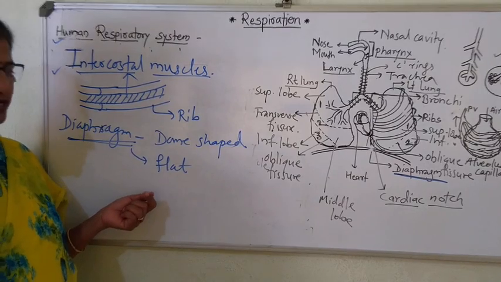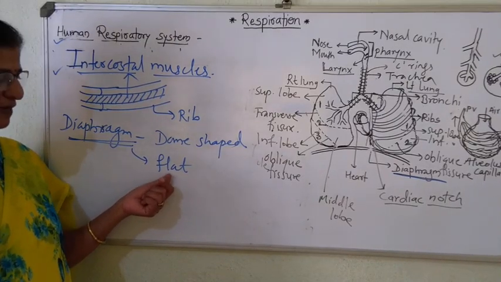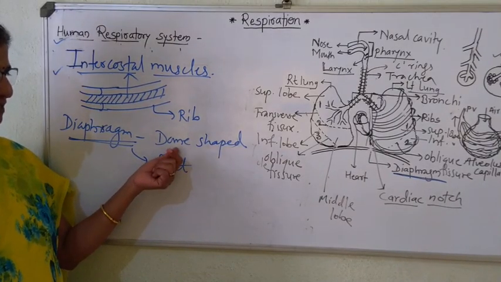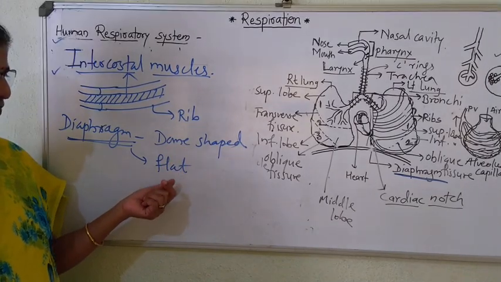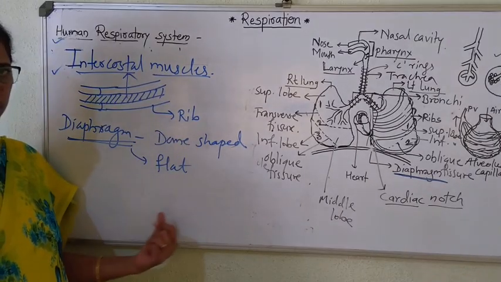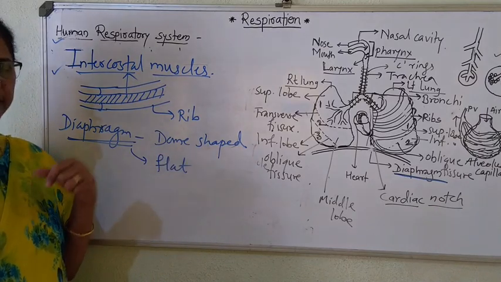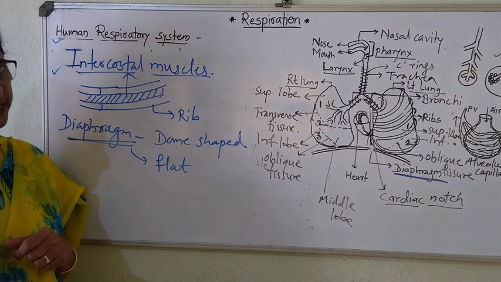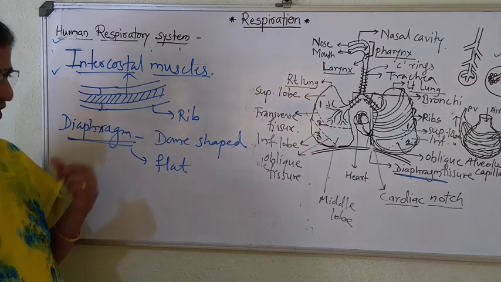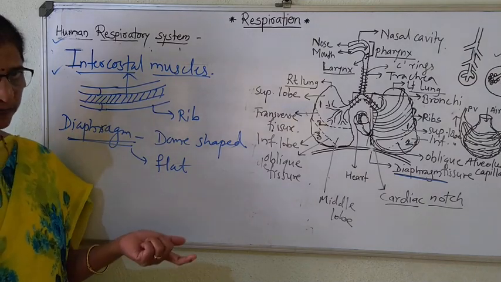When it contracts, it becomes flat. When it relaxes, it becomes dome shaped. By showing these two shapes, flatness and dome shape, it brings about breathing, inspiration and expiration. How? We'll see later on.